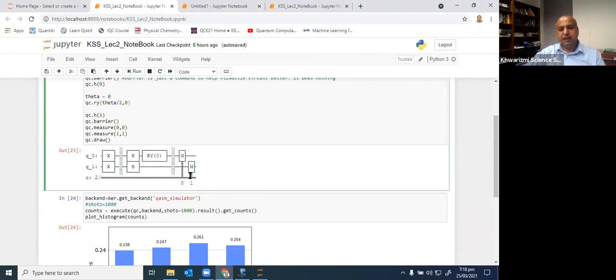The next part that I had dealt with the 2-qubit gates, but we will be talking about multi-qubit gates in the next lecture, and I will also be discussing entanglement and teleportation in the next lecture.